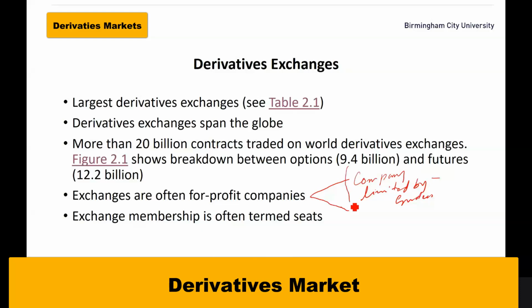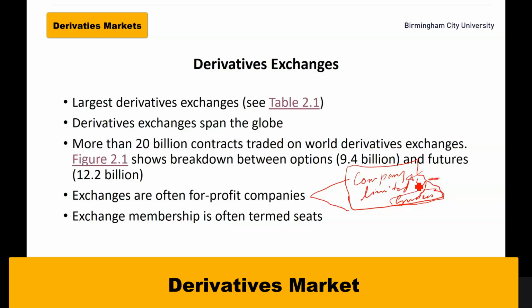The exchange would be owned by the members of the exchange, and they each would guarantee a certain amount of money in case the company goes into trouble, and they also contribute towards the capital of the company.